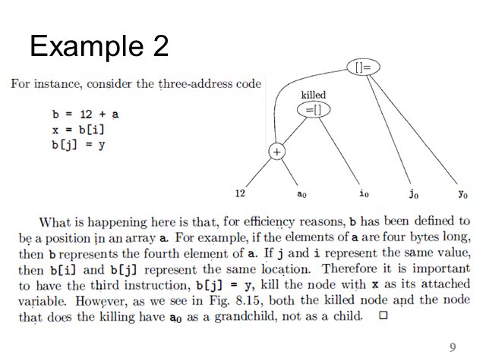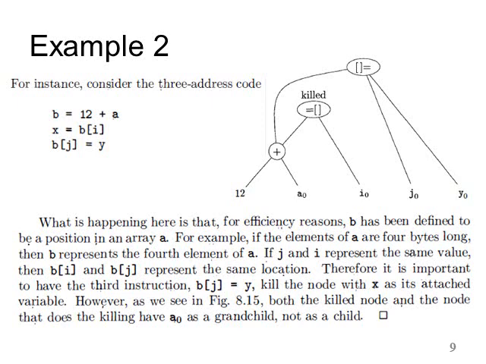Now another example, which is also the same situation. Consider the three statements: b equals 12 plus a, x equals b[i], b[j] equals y. Here b is an array name which tells you the address, and some calculation is performed where the array a address is added with 12, so it jumps 4 locations. Next, the b value at index i is assigned to x.